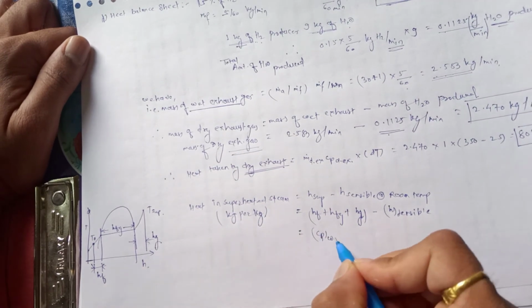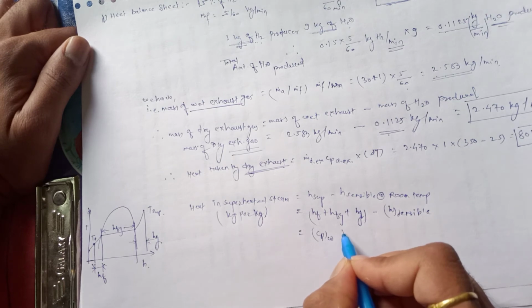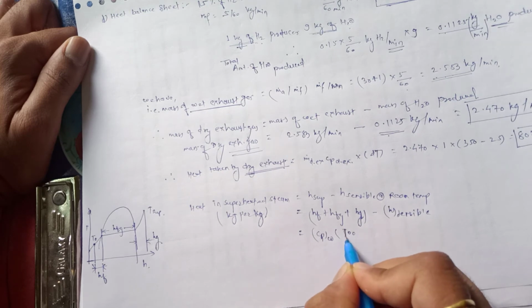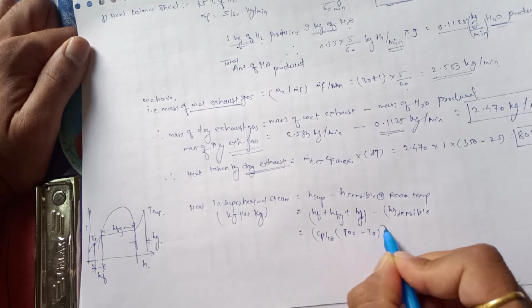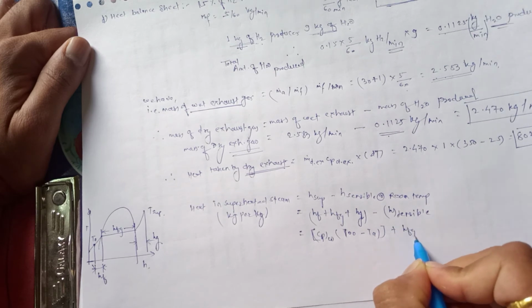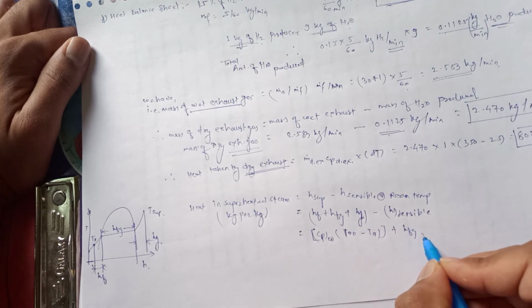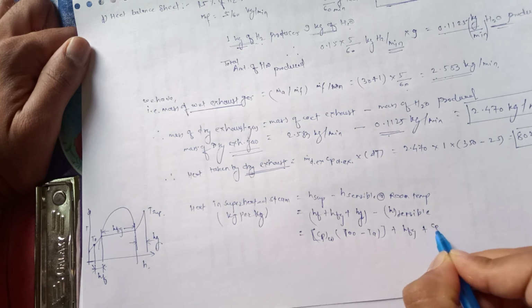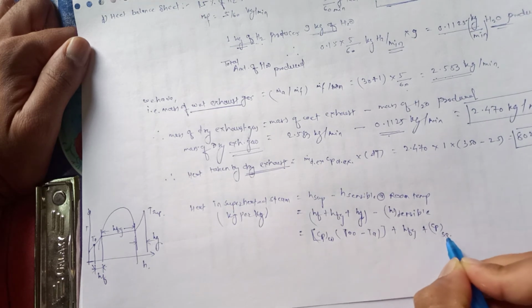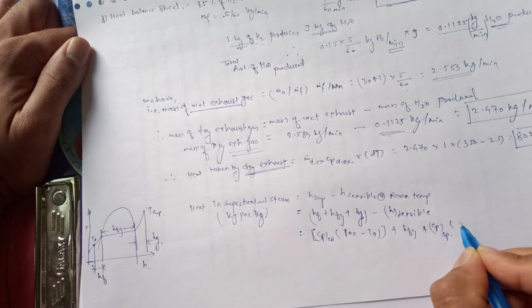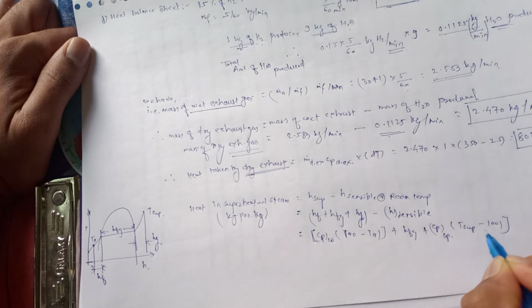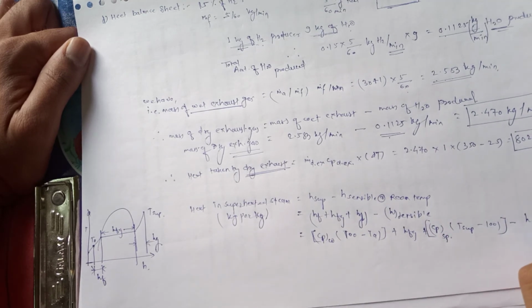So Cp of water into the temperature difference, 100 minus the ambient temperature, plus this Hfg, which is constant, 2257 kilojoule per kg, plus this Hg, Cp of superheated steam into delta T, T superheated minus 100, minus this H sensible.